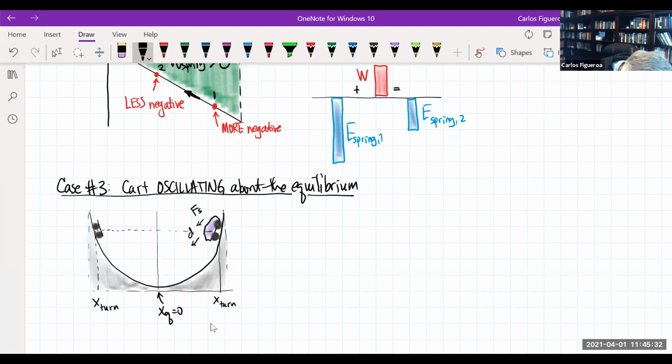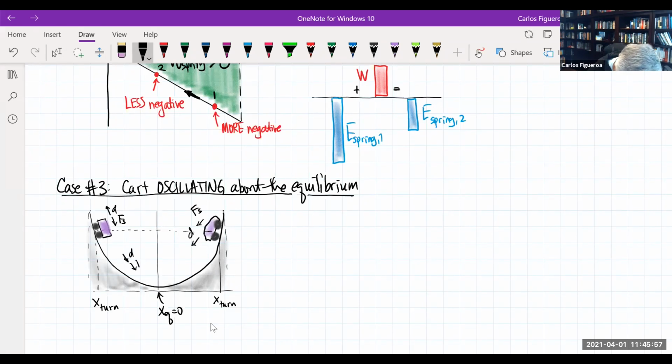As it's going up, there's a displacement along that direction and a spring force in that direction. So it's going to stop at the turning point eventually. And then the cart is going to start coming down.